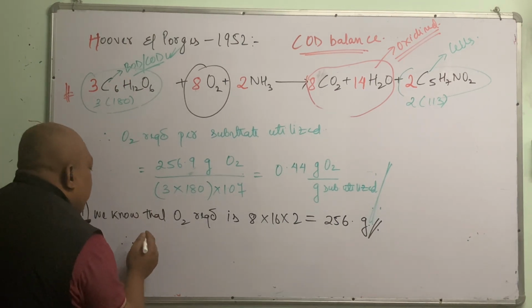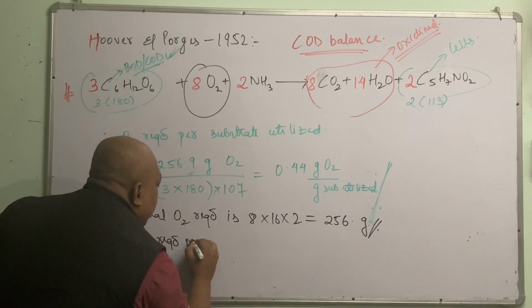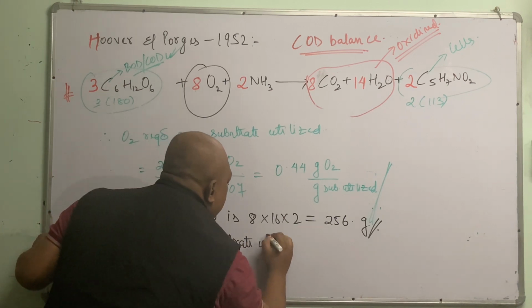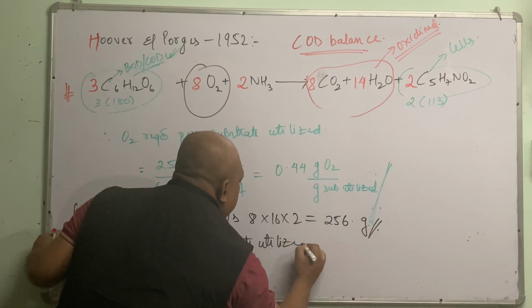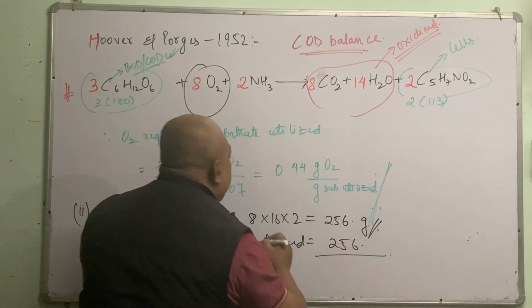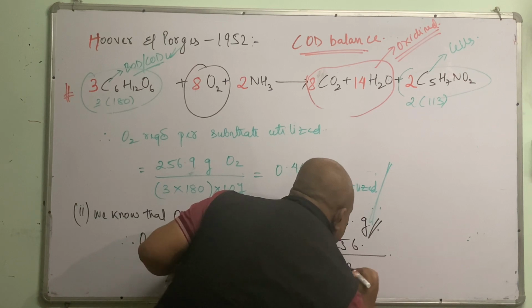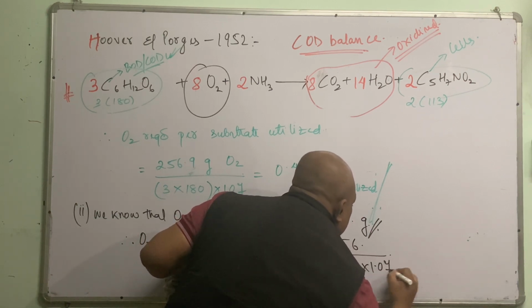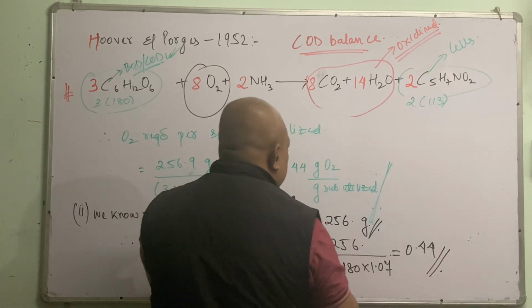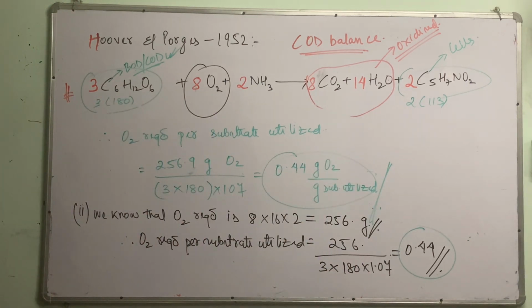Therefore, from this side also, the oxygen required per substrate utilized is 256 divided by 3 into 180 into 1.07. This also gives 0.44. So both are the same.